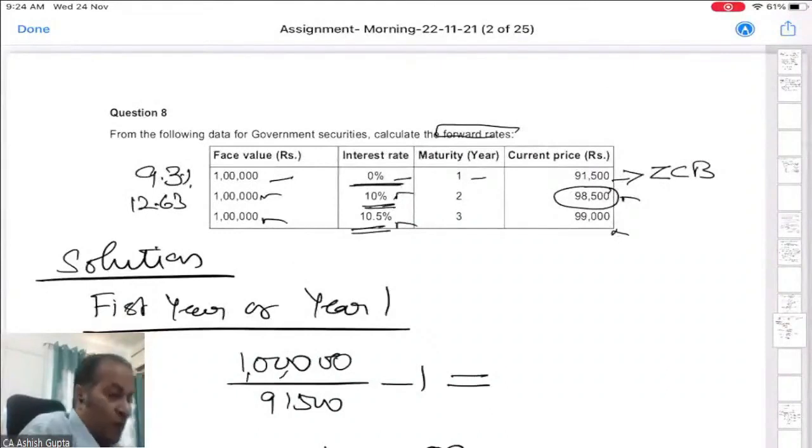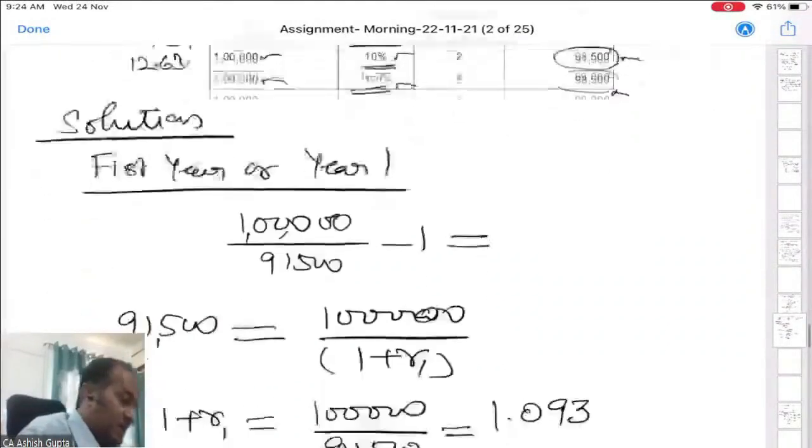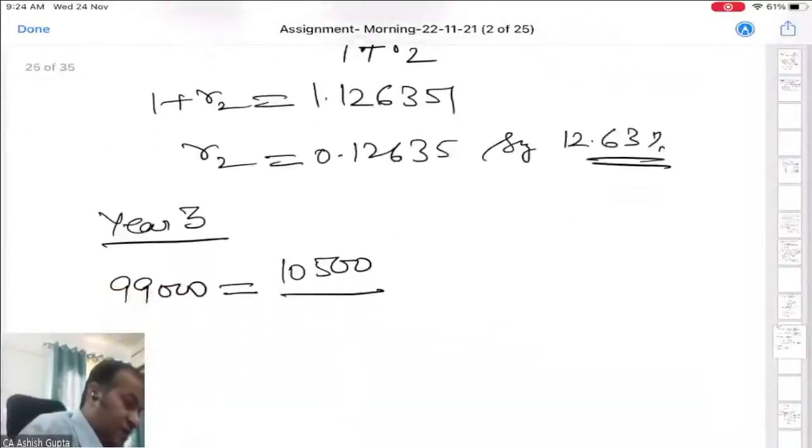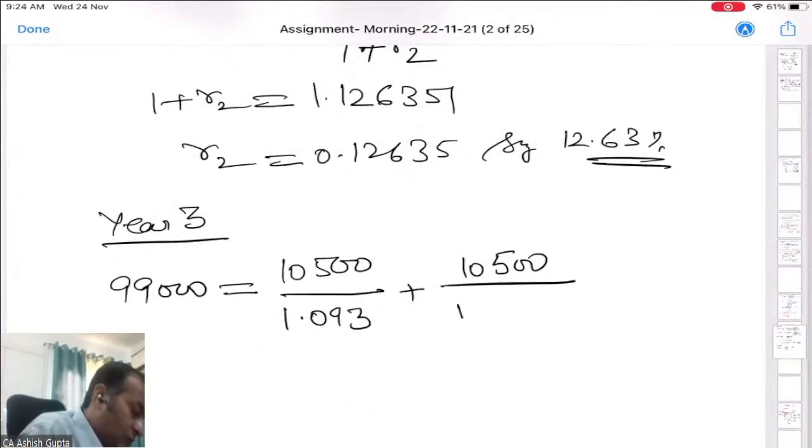Accordingly, there were two coupon payments for the first and second year. Then there is a coupon plus maturity period. And accordingly, for the first year, it will be, this is for the second year.